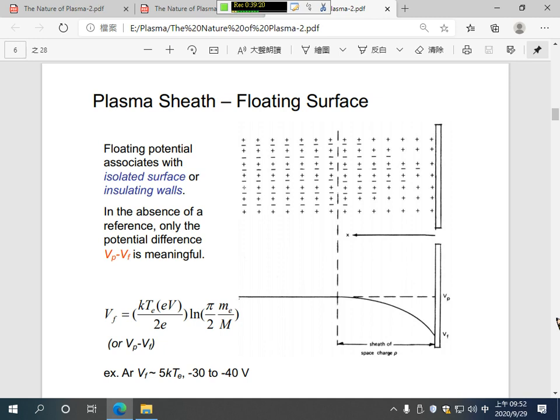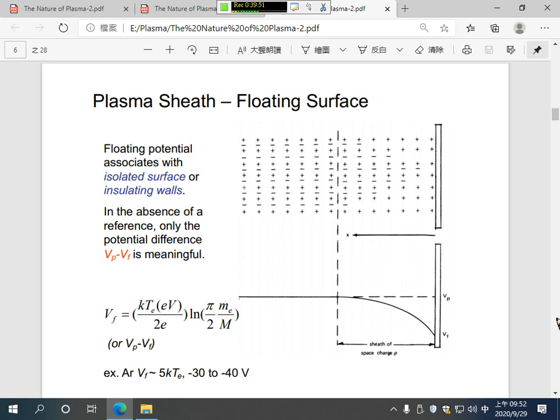And again, the metal plate will also collect charges and become negatively charged. So the metal plate will also experience this kind of condition and build up a negative charge and have a negative potential compared with the plasma potential. Okay, and this kind of condition is called floating condition.